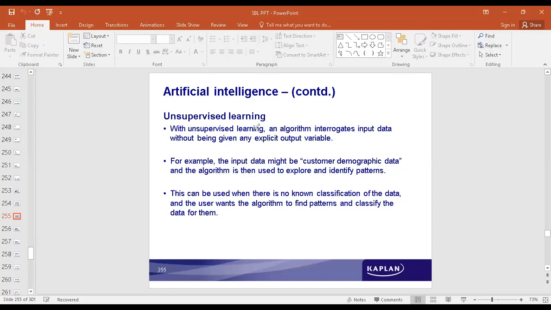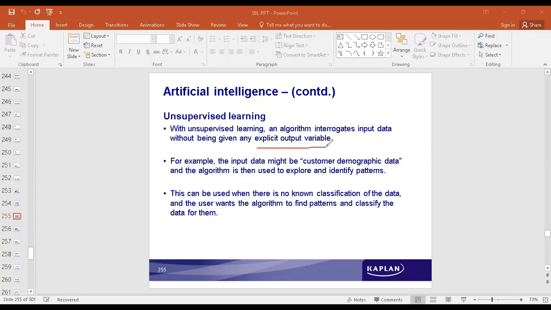Under supervised, for a set of inputs, both are known, and for the combination of inputs, what would be the output that should be generated? That is all under supervision. But here, it says that without being given any explicit output variable, it just looks into, interrogates the input data without having any explicit output variable.